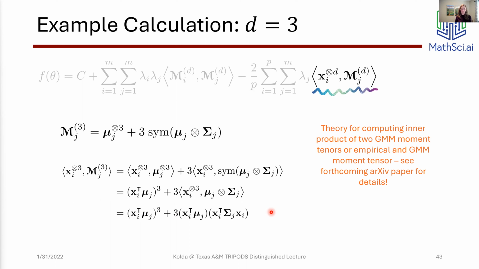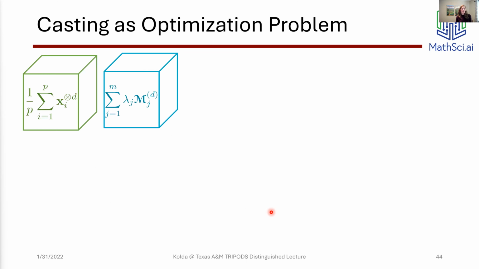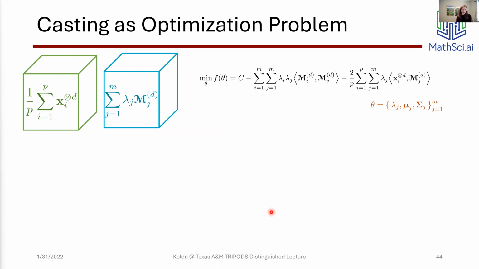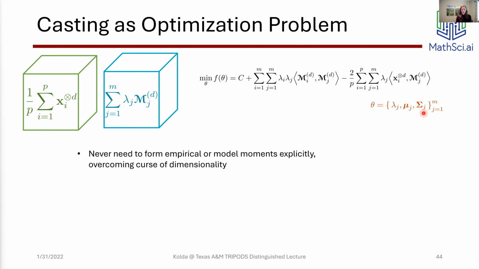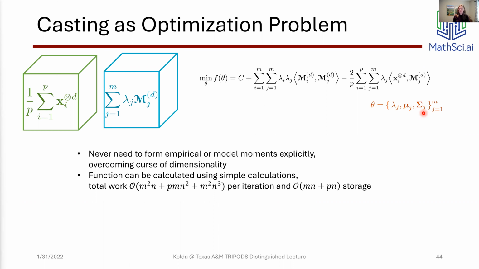And then, as I said, all the theory will come in this archive paper. So we can cast this as an optimization problem in terms of our parameters for the Gaussian mixture model. And again, we never need to form the empirical or model moments explicitly, so we've overcome that curse of dimensionality. The function can be calculated using simple calculations.